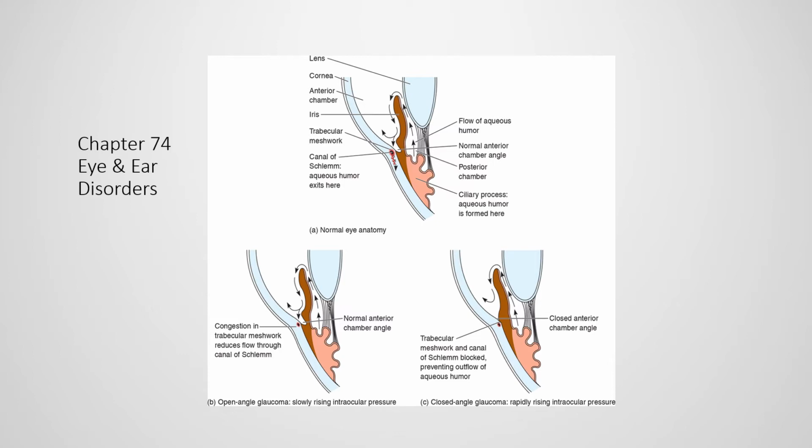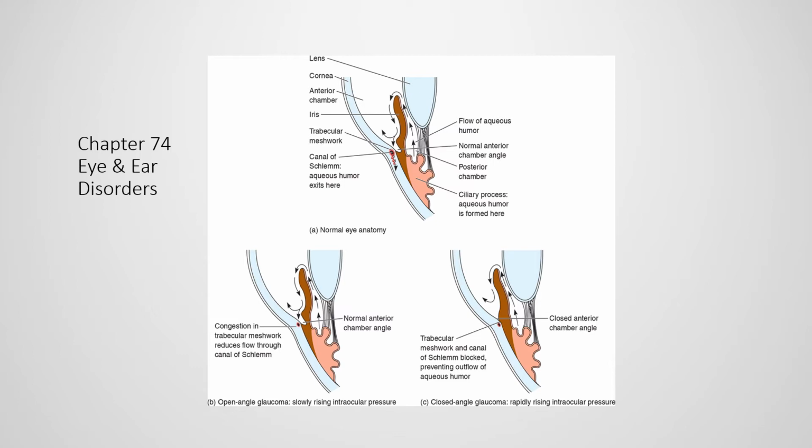So let's look at the 2 conditions here of glaucoma, because glaucoma comes in 2 varieties really. There's open angle glaucoma, which is the vast majority of people you're going to see, over 90%. This is the old age glaucoma. People into their, I'm not going to say 60, but how about 70s, 80s? You can get it in your 50s or 60s, but typically it's 70s, 80s that you're going to get open angle glaucoma.